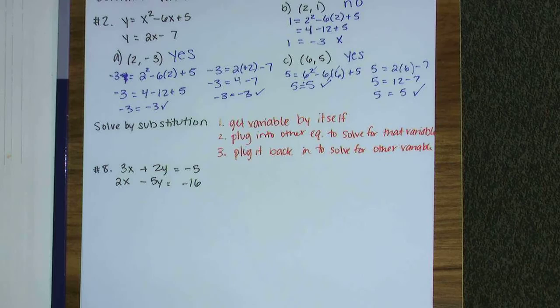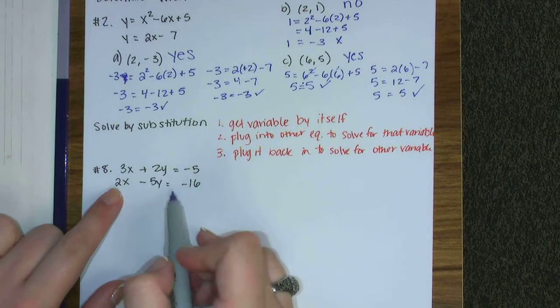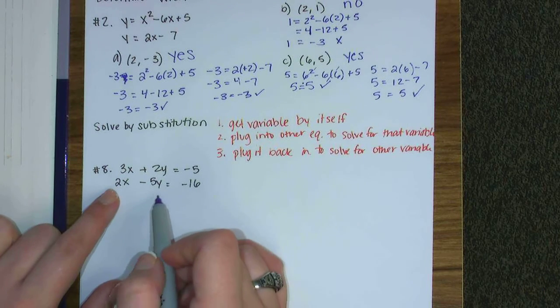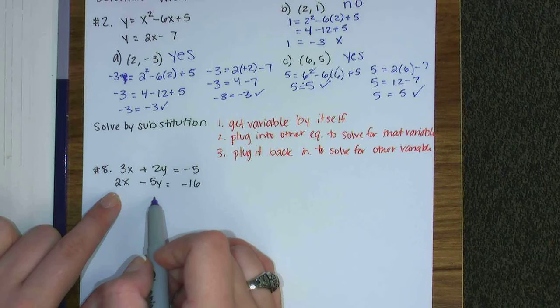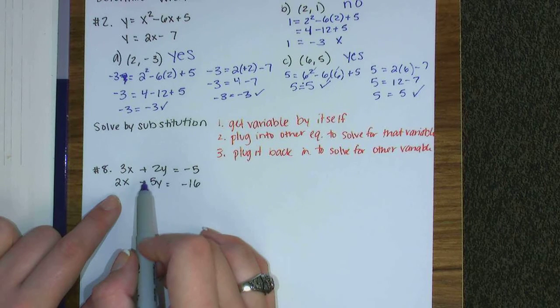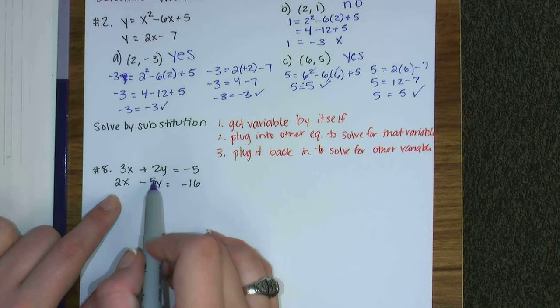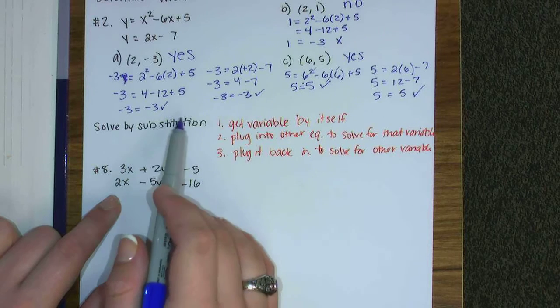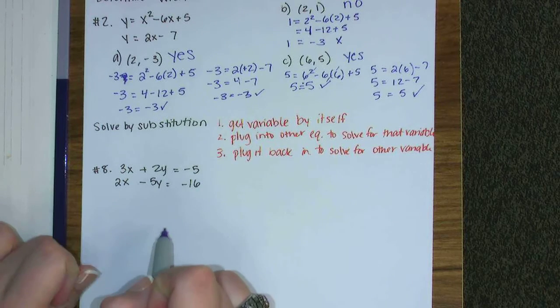Alright, so with this one, I need to get a variable by itself. I don't have one that's just super obvious. Quite frankly, normally problems that look like this, I would not use substitution for. I would use combination or elimination. But because it says that we have to solve by substitution, that is what I am going to do.